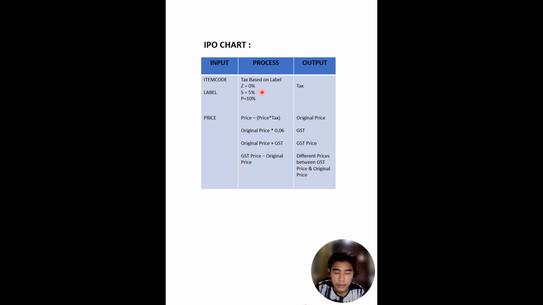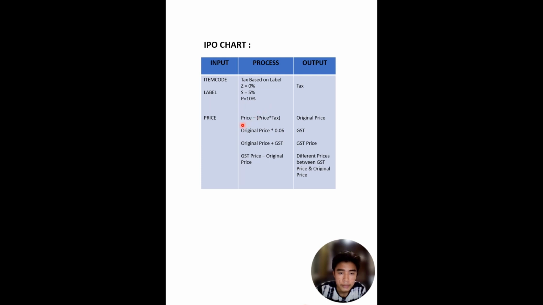Let's look at the process. It will process a text based on label. So label Z equals 0%, S equals 5% of tax, and P equals 10% of tax.